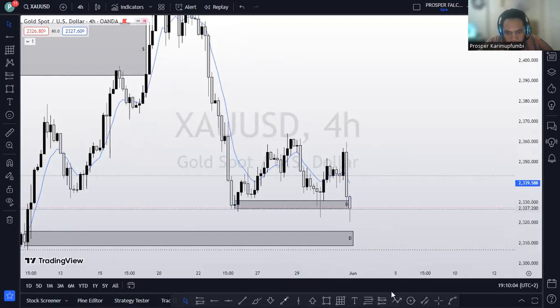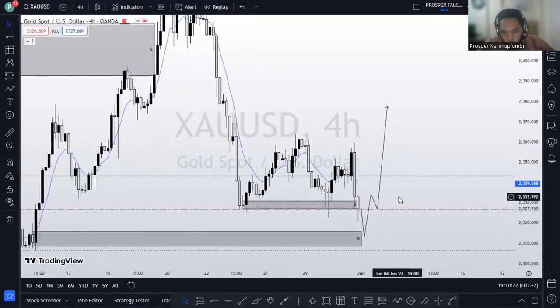This means the market has a possibility of pushing to this demand and then maybe coming back, fulfilling the market structure, and then maybe pushing to the upside. This is something that I'm actually expecting from gold. Gold might definitely do this.